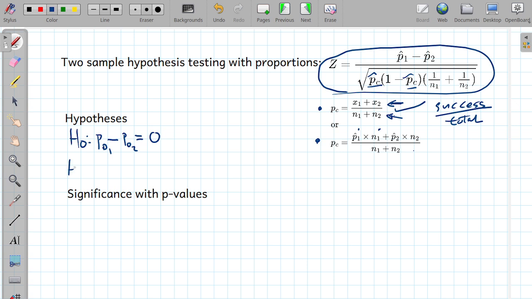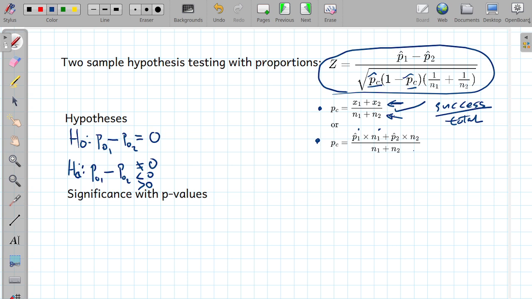The alternative hypothesis is again non-zero. Now, what that's going to be depends on the question. It'll either be a two-tail test, when it does not equal 0, or less than 0, or greater than 0. So this is basically the same as what we talked about earlier when we were looking at one-sample hypothesis testing.